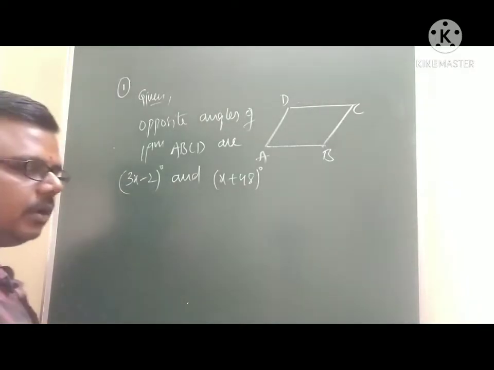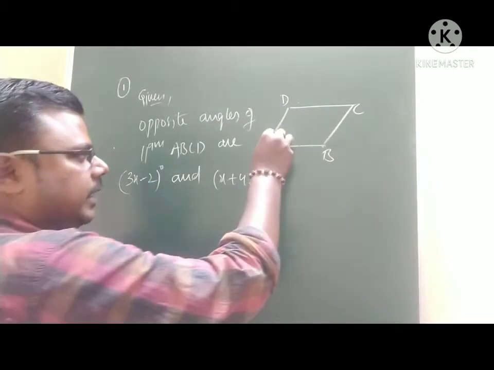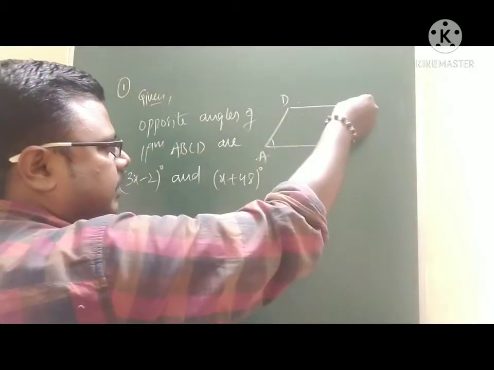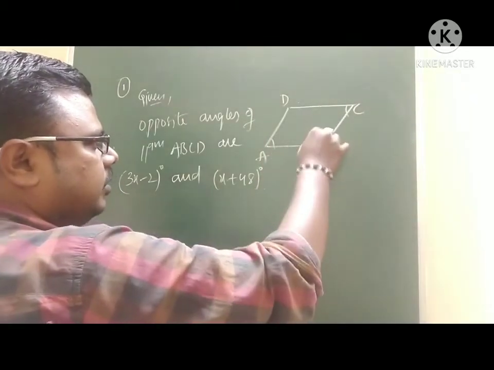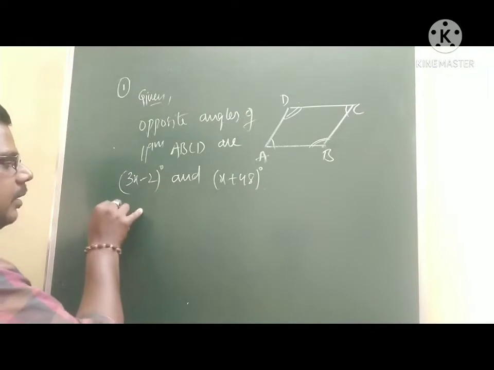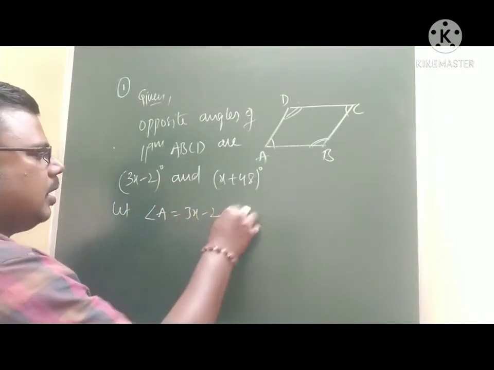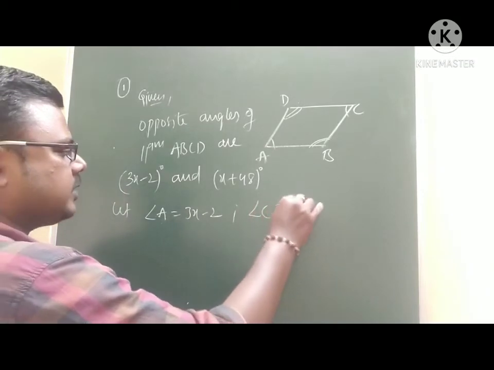So first of all, we have discussed a couple of times that opposite angles will be equal, right? So angle A will be equal to angle C, angle B is equal to angle D. So let angle A be 3x minus 2 and angle C be x plus 48.